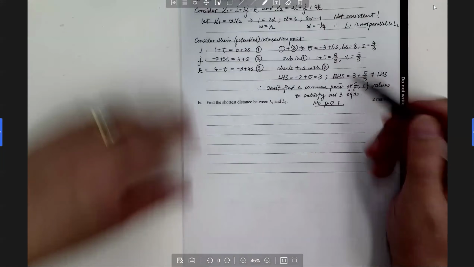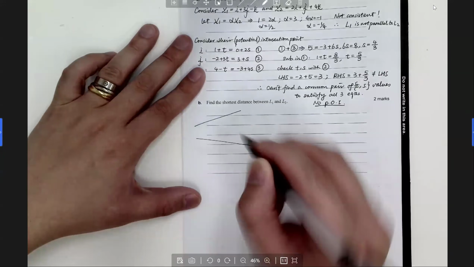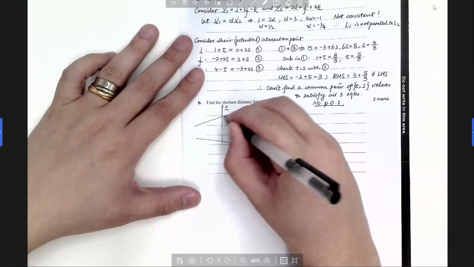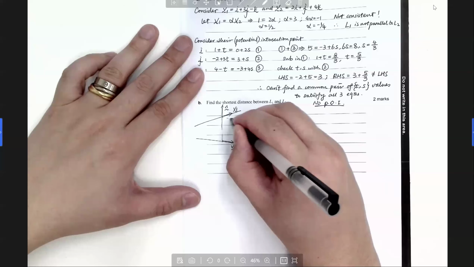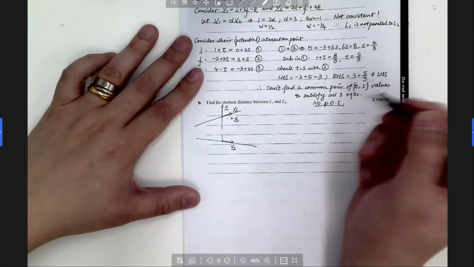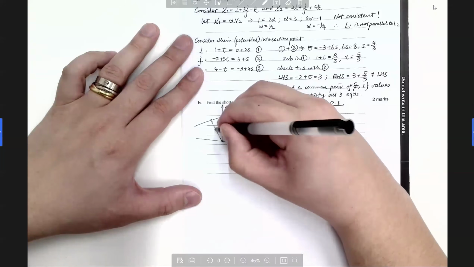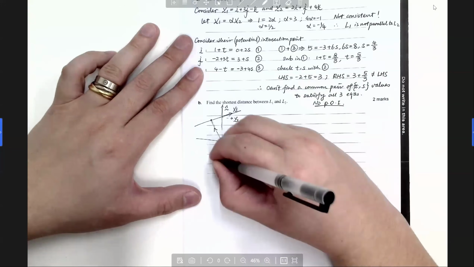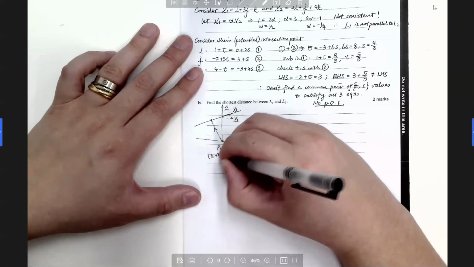The next thing is we want to find the shortest distance between L1 and L2. So just like a diagram like this, we need to get a common normal vector. Say this is v1, this is v2. So we take a cross product, and then we need to pick 2 points. Pick 2 points. Let's say this is A, (0, 3, -3).